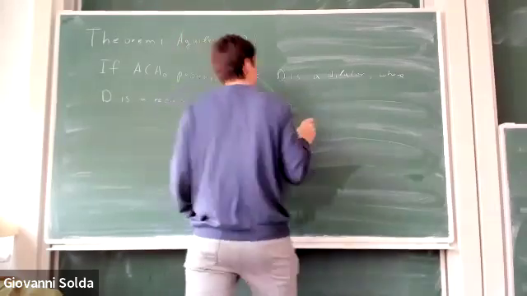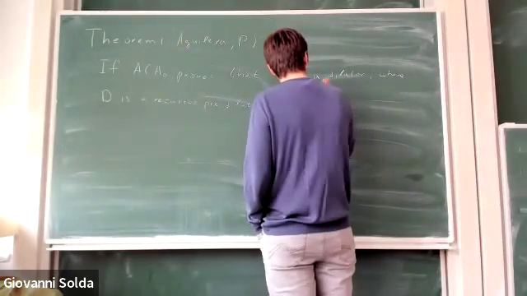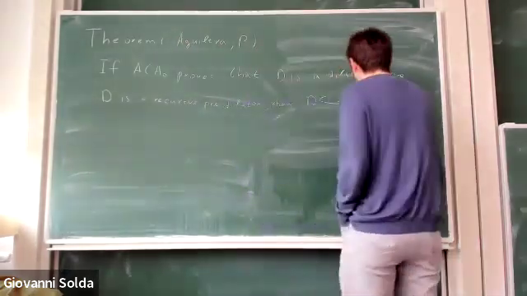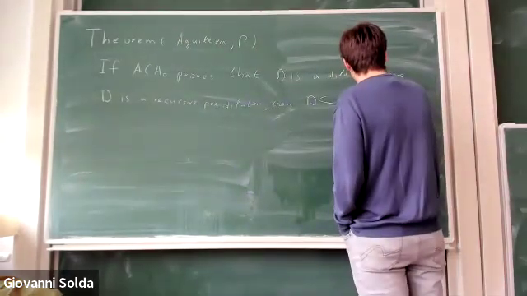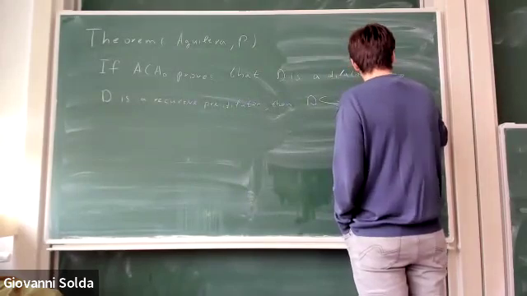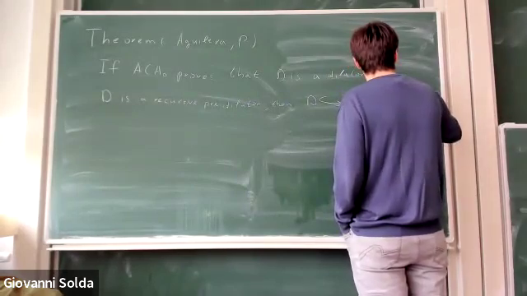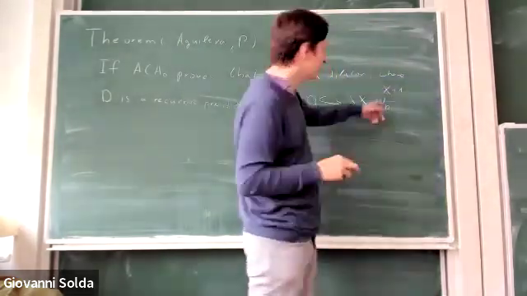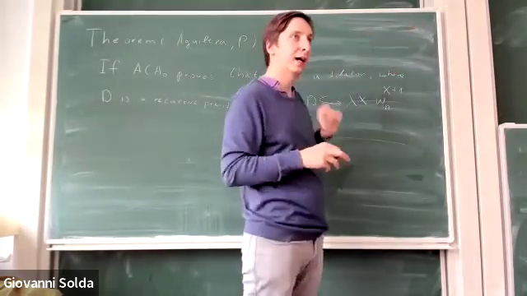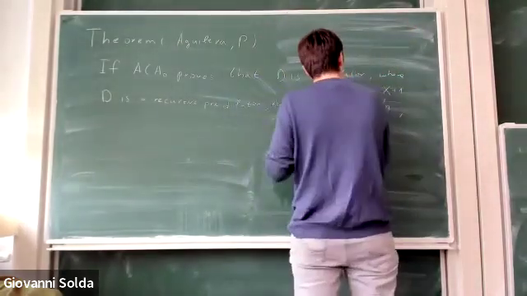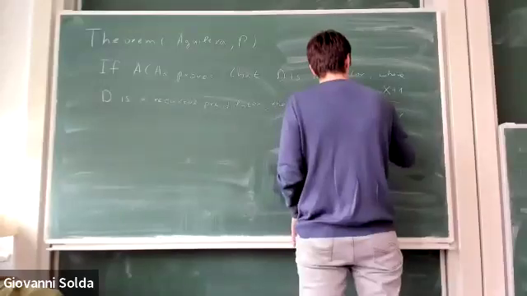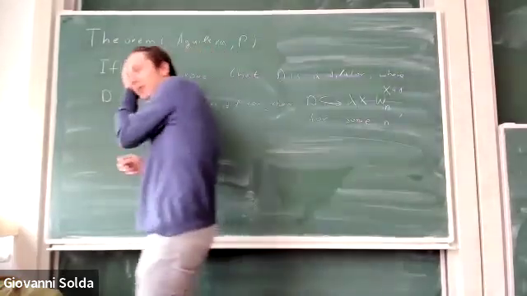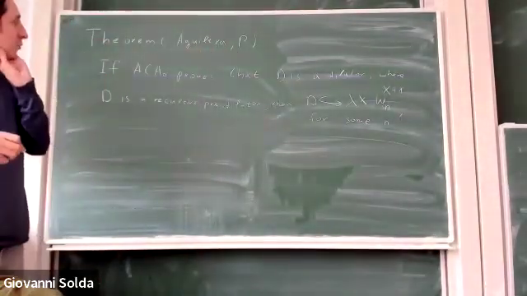Then D is embeddable in the lambda x with omega to x plus 1, omega n plus 1, that is, we have the style of mixed sensation of the height. And for some stuff. So basically this is the main theorem.